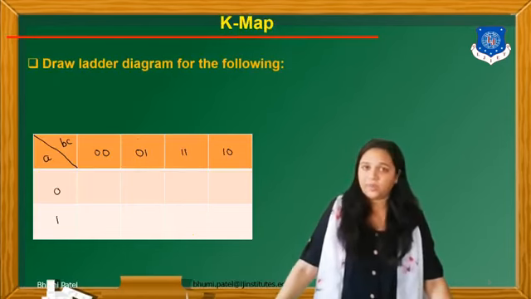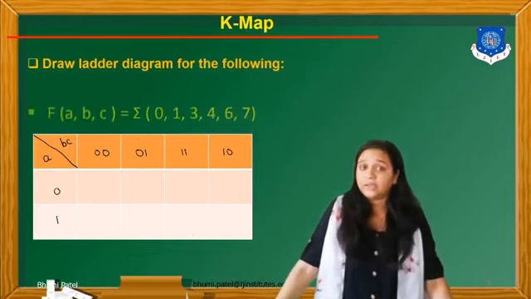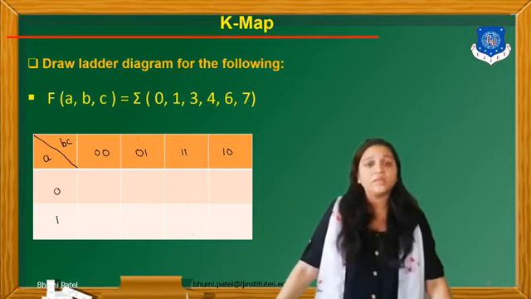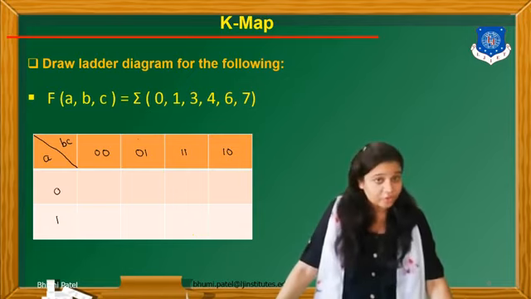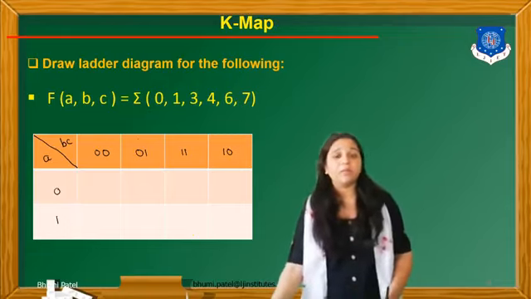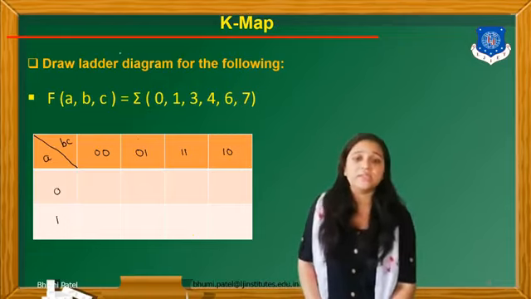Now the next topic is K-map. We have to draw the ladder diagram for the following K-map equation, and the function is given: function of A, B, C equal to 0, 1, 3, 4, 6, 7. First of all, we follow the K-map and write down the Boolean expression using this function.